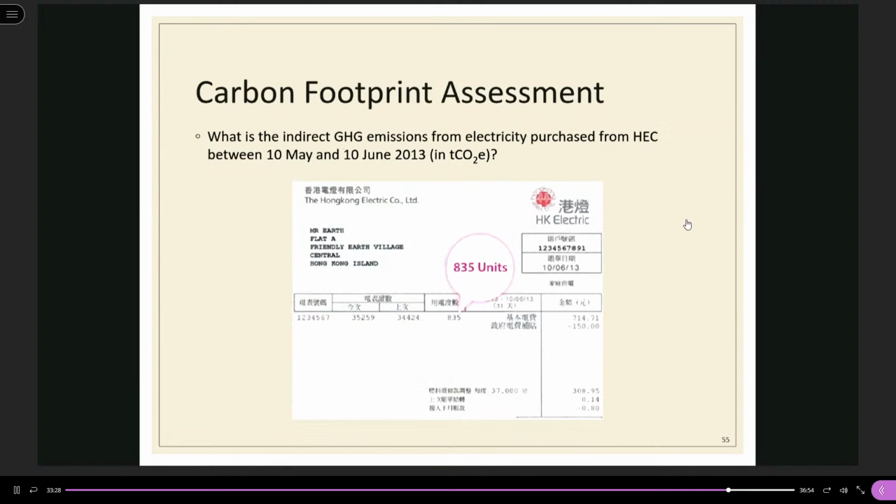Okay, and for Hong Kong Electric, the consumption is 835 units, and the greenhouse gas emission factor was 0.76 in the year 2017. So it's equivalent to 634.6 kg CO2 equivalent.